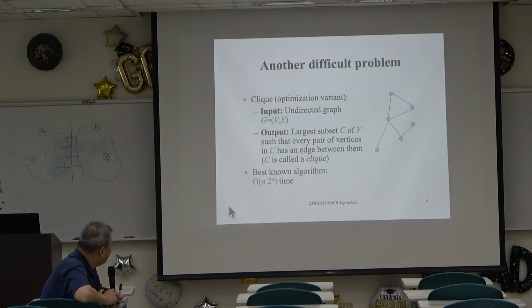So yes, we are looking for a subgraph that is a complete graph. A complete subgraph is called a clique, a special terminology used in graph theory. For this problem, the best known algorithm is also big O of n times 2 to the power of n. In other words, it's also exponential, so it's also very bad.